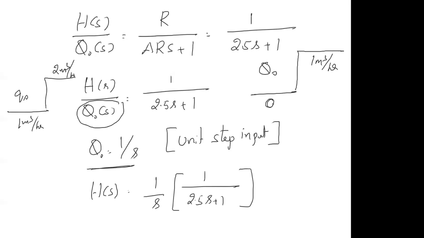How do you translate this in terms of t? Apply the Laplace transforms. H of s is equal to a by s plus b by 2.5s plus 1. So what are a and b?